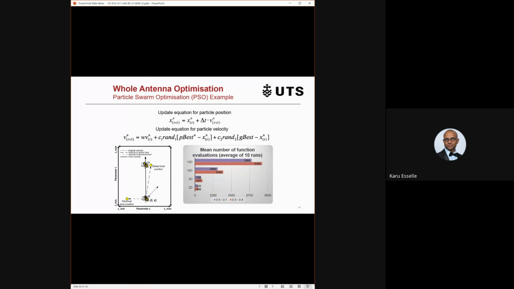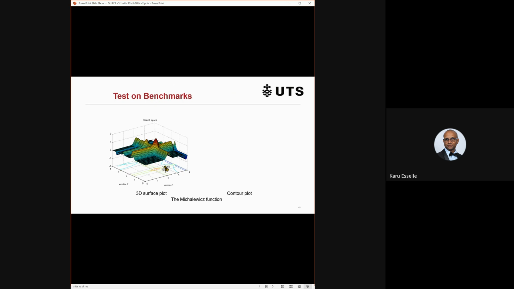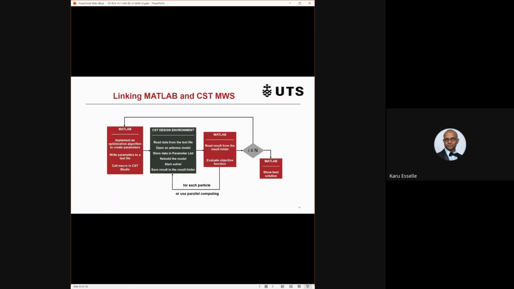Particle swarm, PSO, is probably the most popular in antenna optimization. You probably know the basics, so I don't have much time to go through the basic PSO. You have particle swarms representing the variables, and you let them try different values.